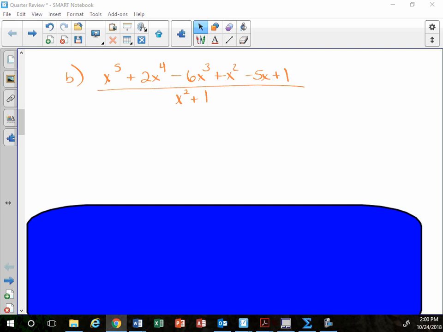Honestly, if I have x cubed, even that is x squared, it's not x. So if I have minus x cubed, I'll subtract them over here.